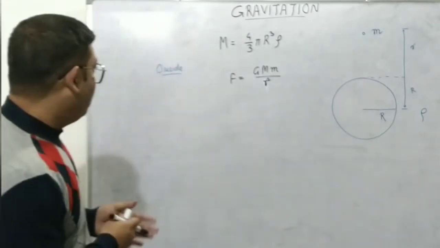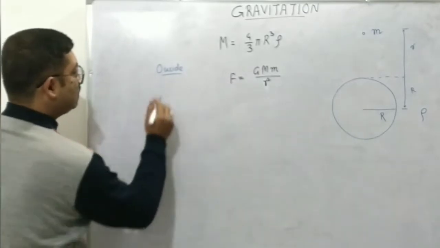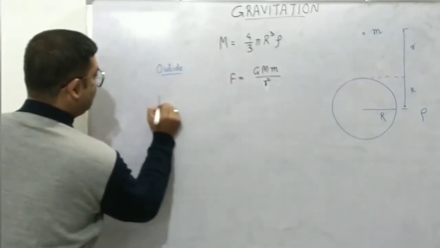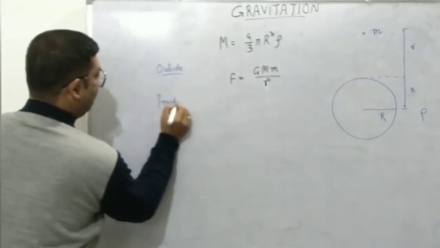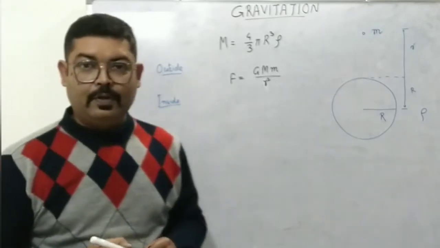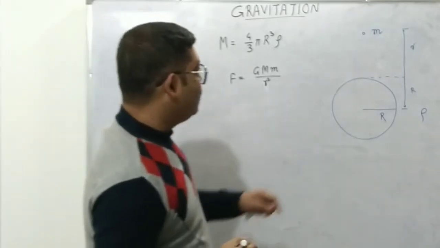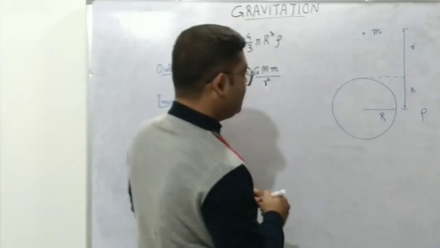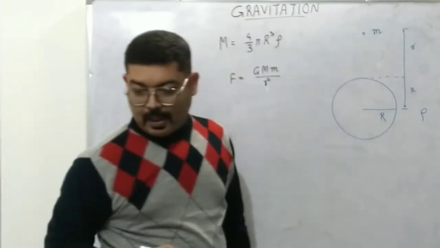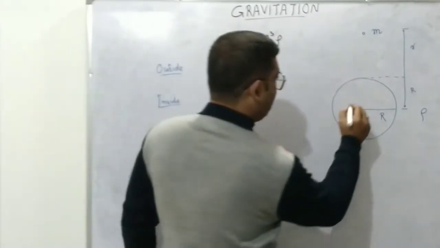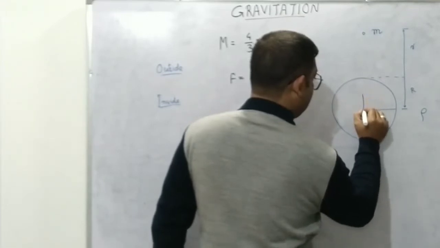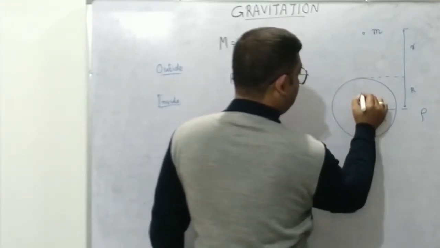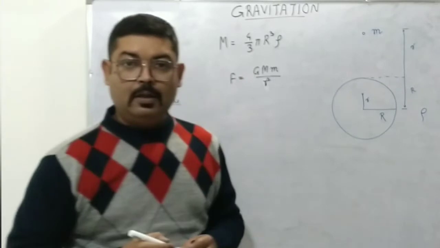Okay, but what if we consider something inside the Earth's surface? That is, what if the object is not outside but is inside, at a distance of r from the center of Earth, but now inside the Earth.